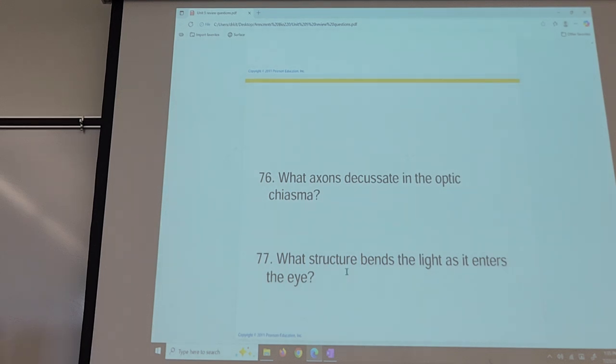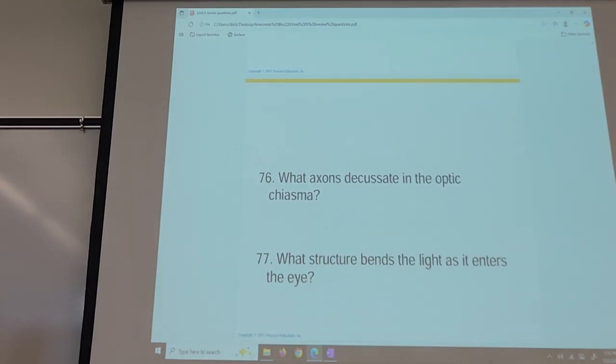So 77, again, here's another concept that we can discuss. What structures, with an S, bend the light as it enters the eye? You have like 3 options that can cause light to move. Lens. Okay, so the lens is one.